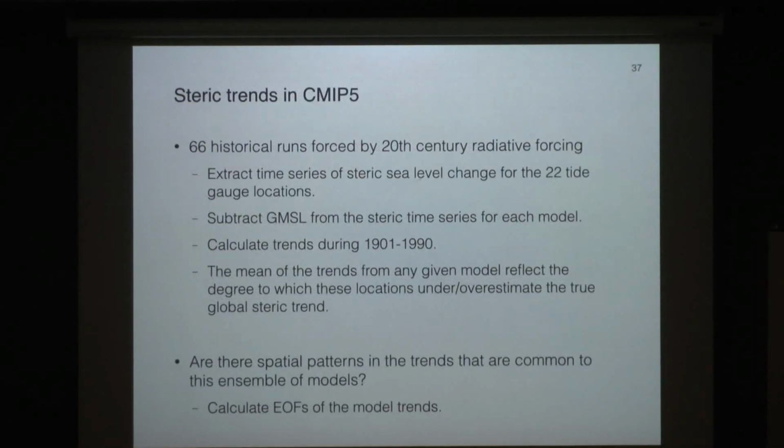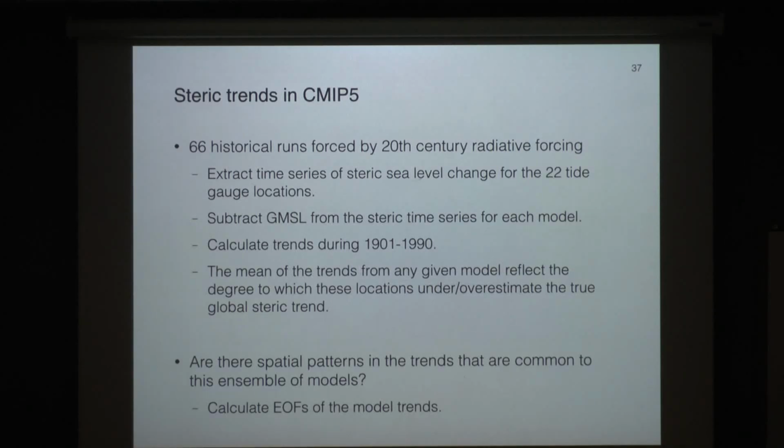So I did this by looking at the CMIP-5 ensemble of climate models, where I took 66 historical runs forced by 20th century radiative forcing. I extracted the steric time series from all 22 of those locations nearest to the model. I then subtracted global mean sea level from the steric time series from each model, and then I calculated the trend over that period that we're interested in.